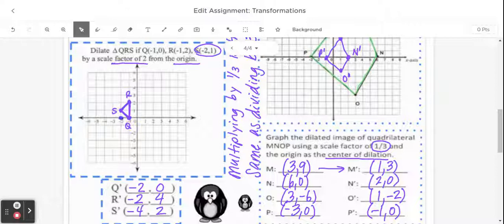And let me plot these. All right, so this is what I was saying. The original RQ was 2 units long, and now after the scale factor, it's 4 units long. That makes sense because the scale factor was 2. Now, if the scale factor was 1/2, this 2 units would have turned into 1 unit. Okay, and that is dilation.